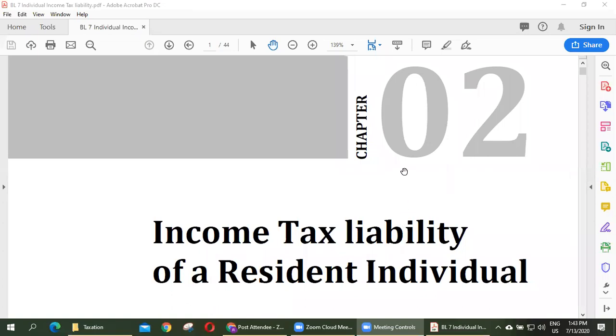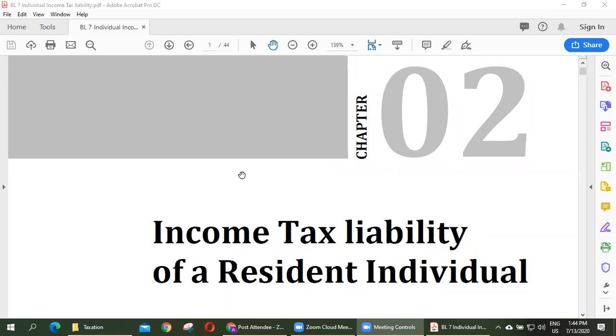No, right. Yeah, in the last class, we discussed the introduction and background of taxation of Sri Lanka, and the two major types of tax.